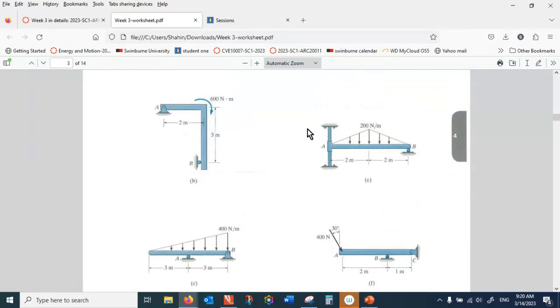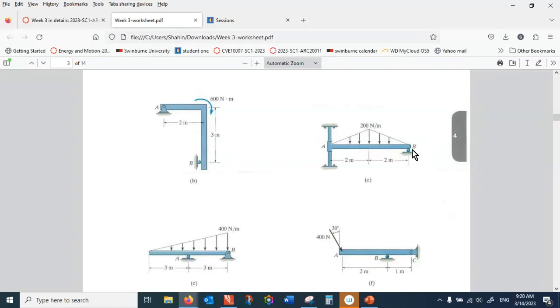So here at A, what kind of support do I have over there? That's a cantilever. Well, it's not a full cantilever. It is free to slide vertically, so I don't include the vertical reaction. But the horizontal reaction I include, and also the rotational resistance, I put a resistive torque over there.